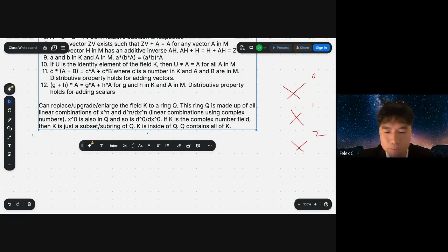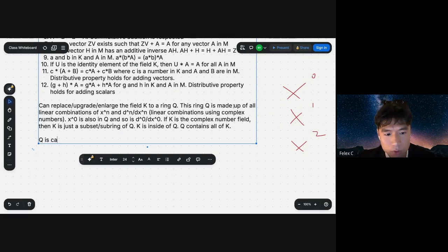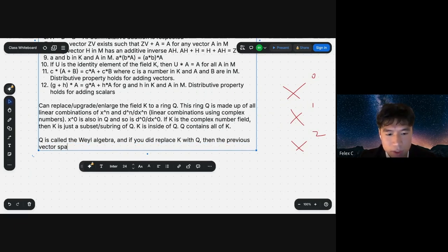Now, Q has a name. Q is called the Weil algebra. And if you did replace K with Q, then the previous vector space is now called a D module. And that's it. It's now called a D module.